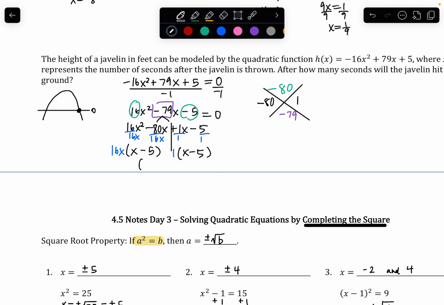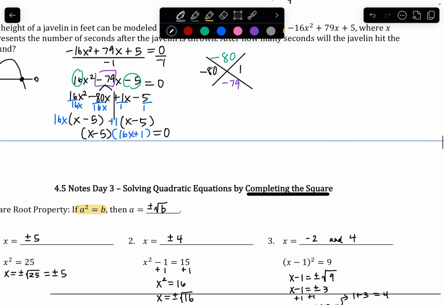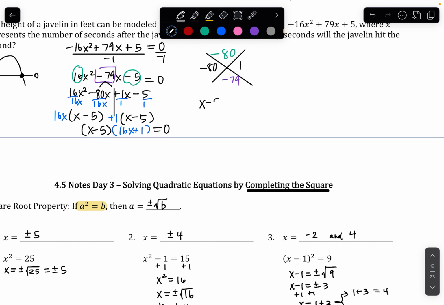The x minus 5 matches, that is one of my factors, and the other comes from the 16x plus 1. Okay, remember this all equals 0, and so either x minus 5 equals 0 or 16x plus 1 equals 0. In this case, x equals 5. In this case, 16x equals -1, so x equals -1/16.